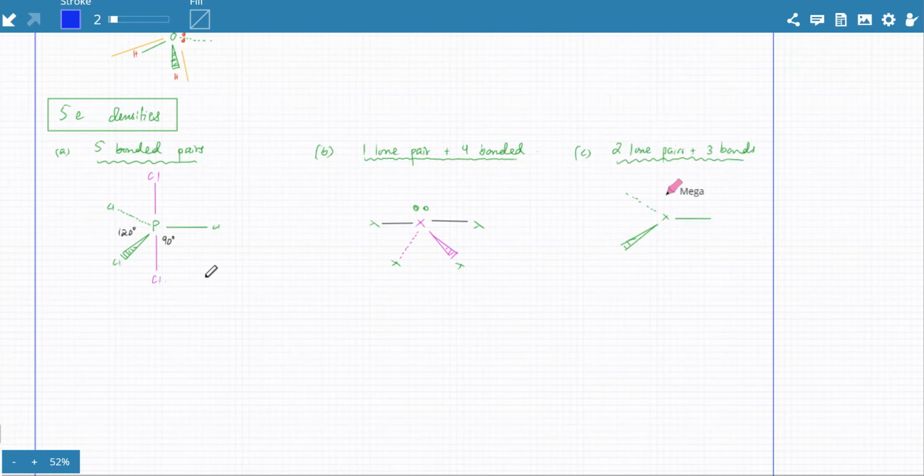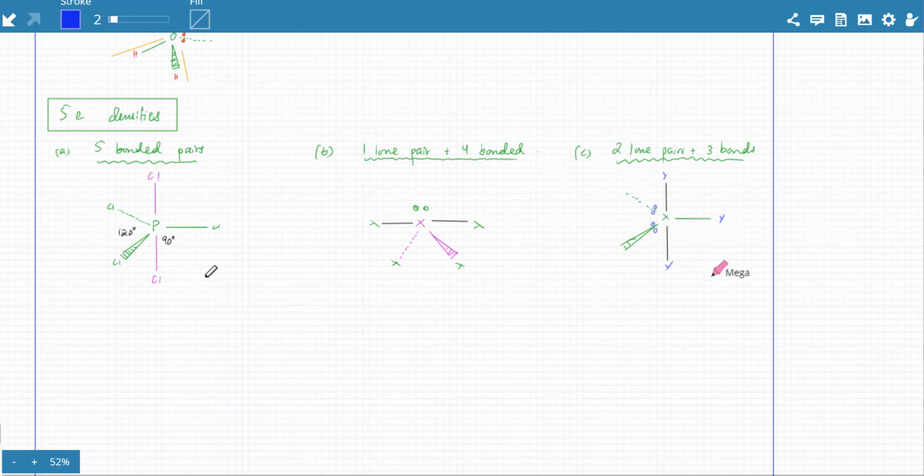Now you have two lone pairs over here. So two of the blades of the fan are lone pairs now, and there's nothing attached on that side. On the other side, you have three bonds.